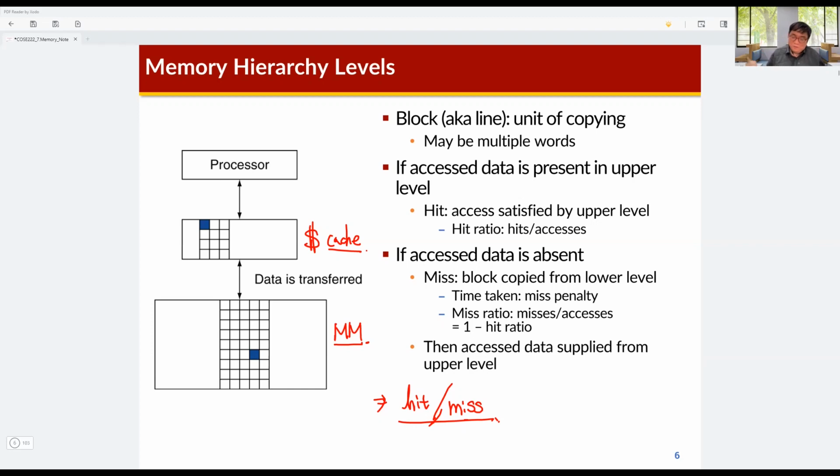Actually it's a virtual memory, but just think that the entire data is stored in the main memory. It's not true, but let us assume that the entire data is stored in the main memory, okay? But this is the cache memory.